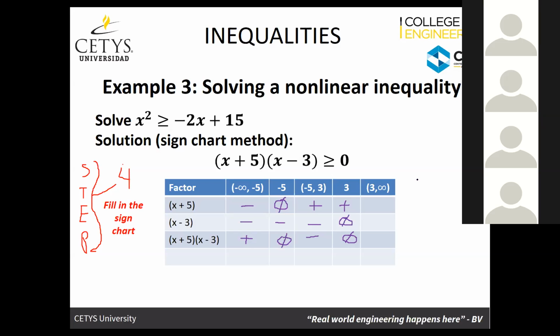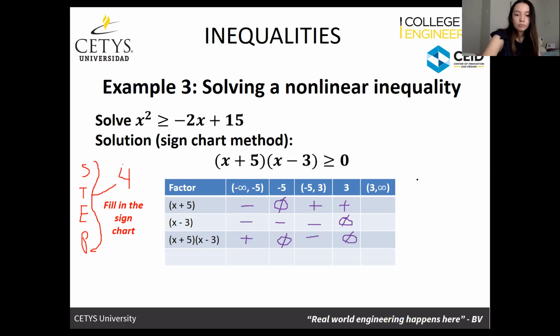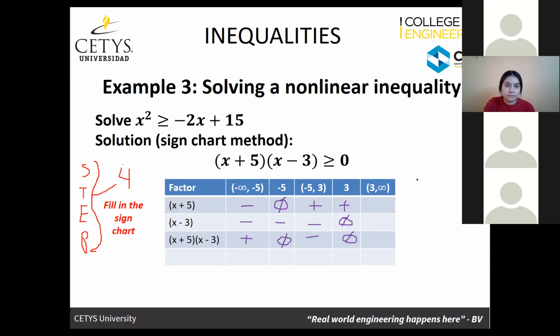Now let's go with the last one. Angelica. Hi, Angelica. Now we're in the interval from 3 to infinite, okay? Choose any value between 3 and infinite. Give me any number that's in this interval. 4. 4, perfect.